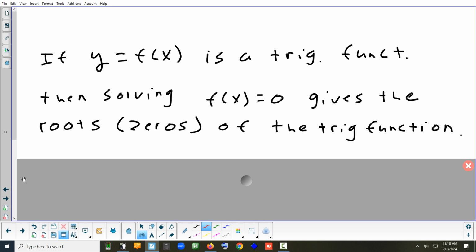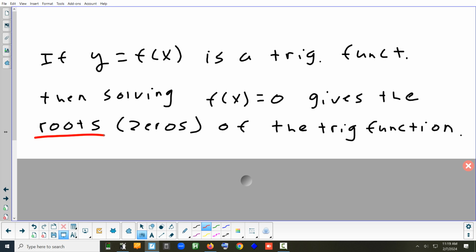So remember that when you set something equal to 0 and you solve it, that's called finding the roots, or finding the zeros of the equation. That's just a reminder, we did that a lot at the beginning of the year.